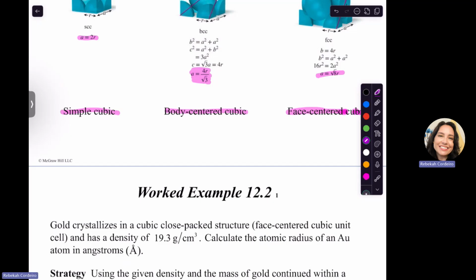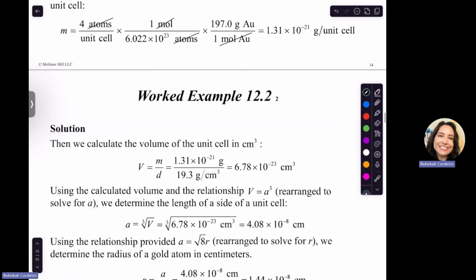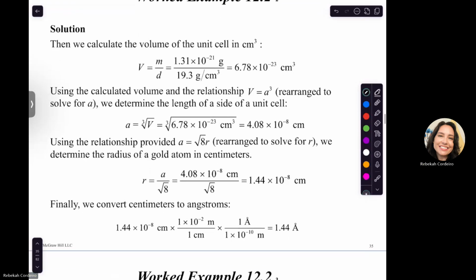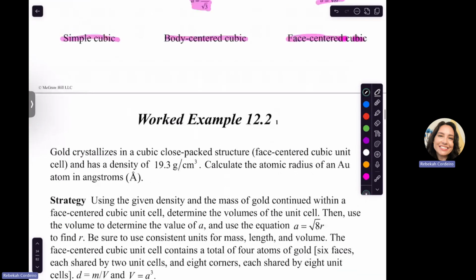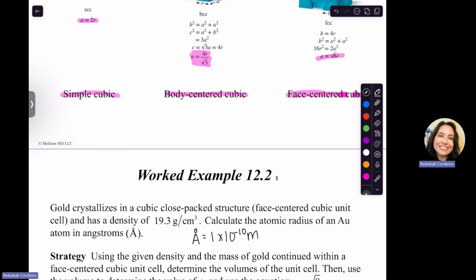I don't think you'll be asked on a test to give angstroms necessarily, but I'll go ahead and give you an angstrom. It's 10 to the negative 10 meters. So an angstrom is 1 times 10 to the negative 10 meters, and that can help you with that.